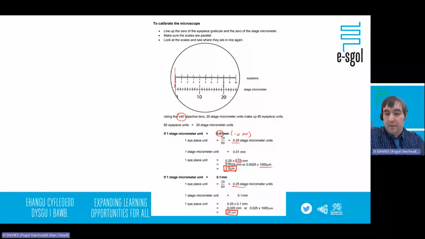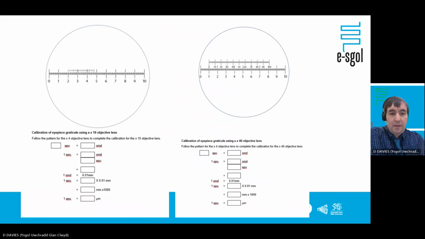Right, so let's try and work this out. Calibration of an eyepiece graticule at times 10 objective lens. So you follow the pattern for the times 40 objective lens to complete the calibration. The one on the bottom is the stage micrometer, and the one on top is the eyepiece unit.